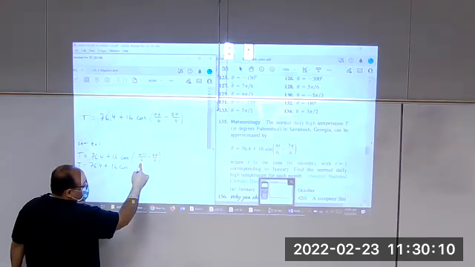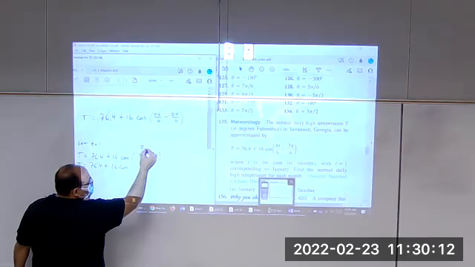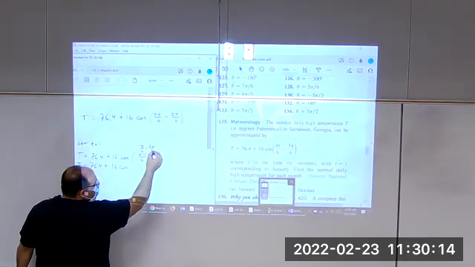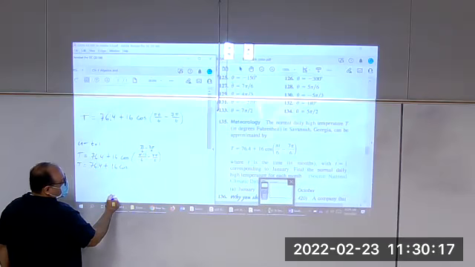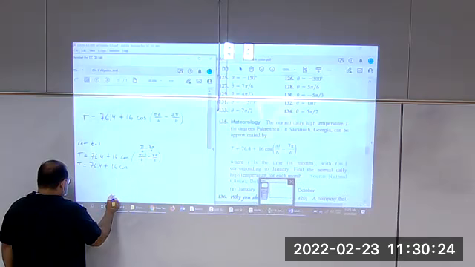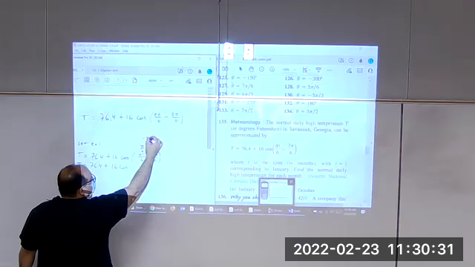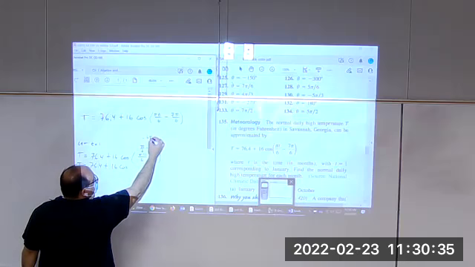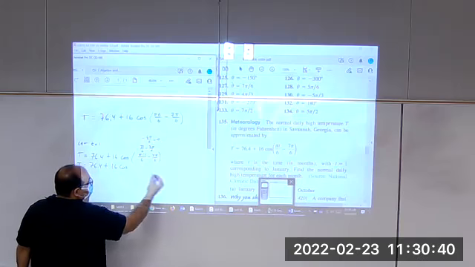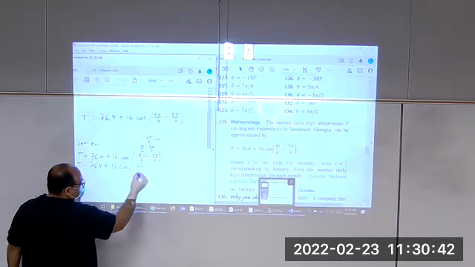So this is pi over 6 minus 7 pi over 6. What does that equal? So negative 6 pi over 6. So that's equal to negative pi. So the cosine of negative pi.